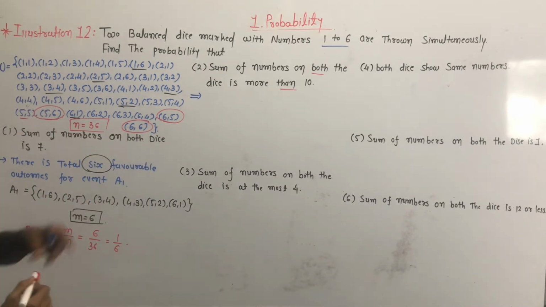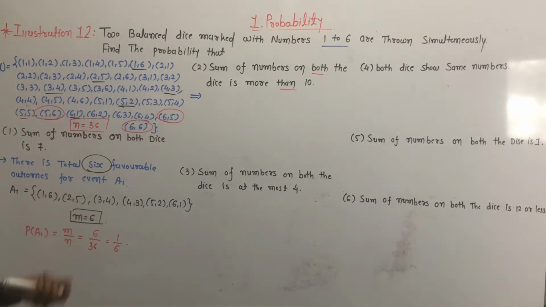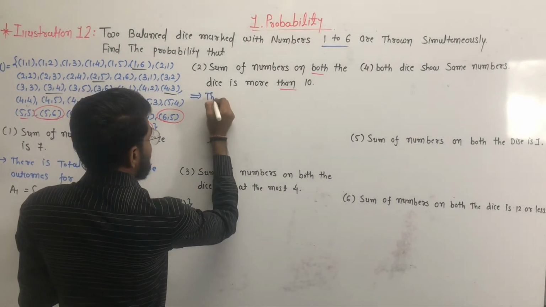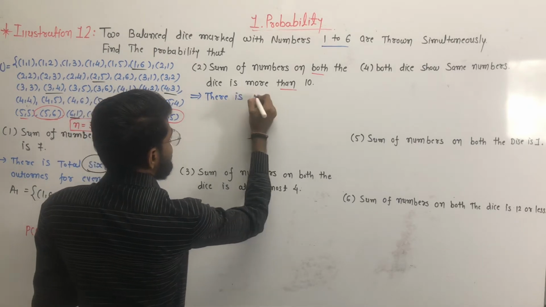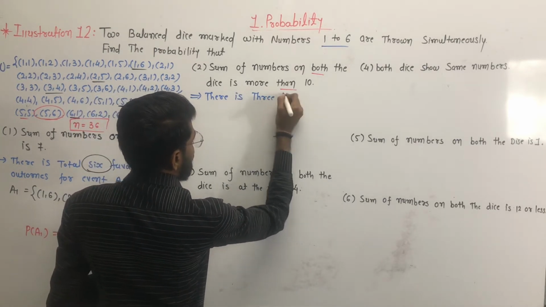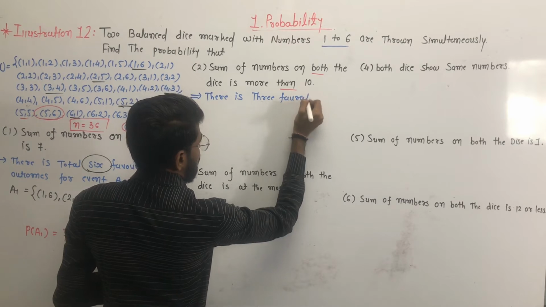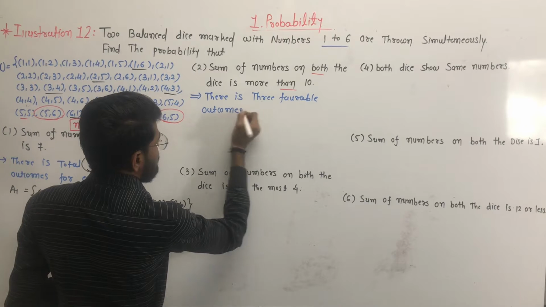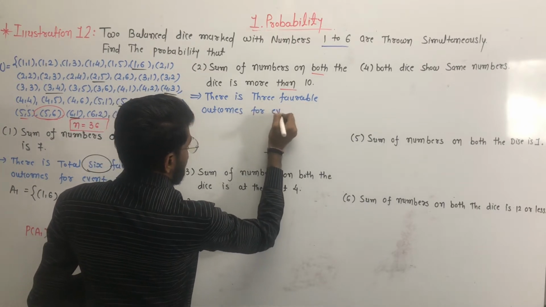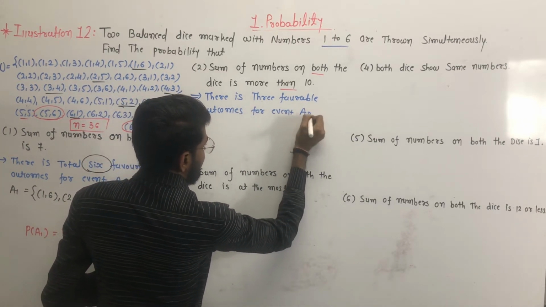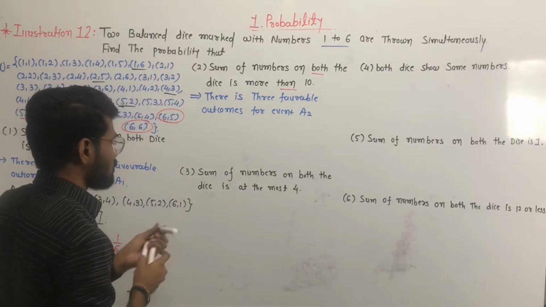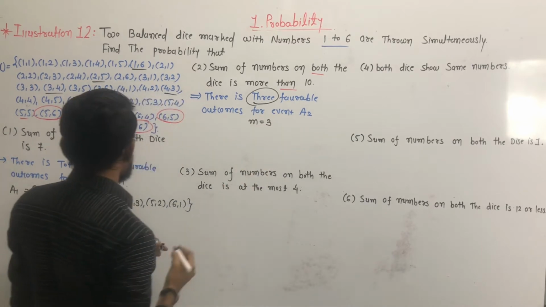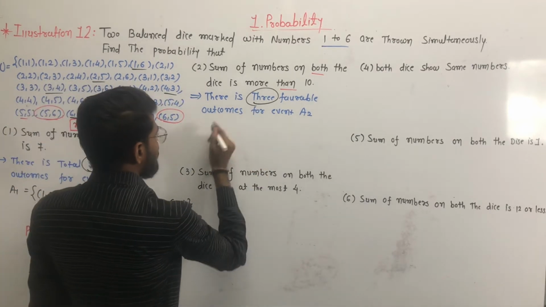So for this event our favorable outcomes will be 3. There are 3 favorable outcomes for event A2. 3 favorable outcomes means m is equal to 3.